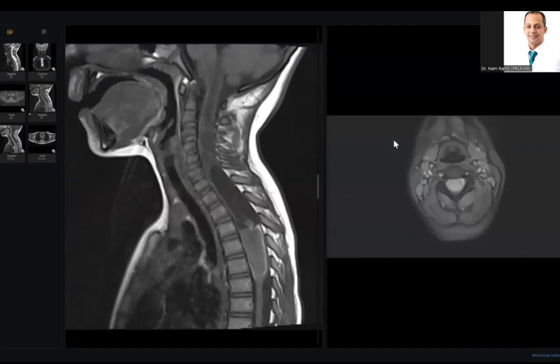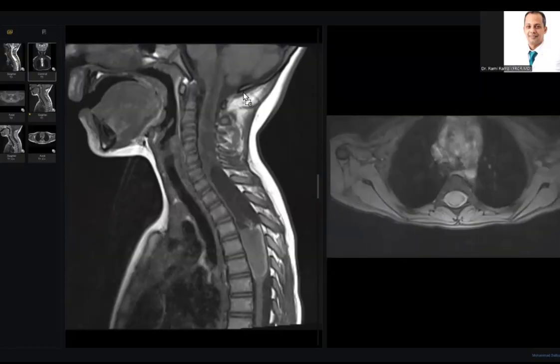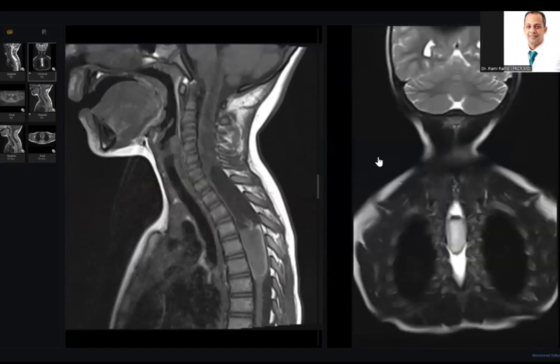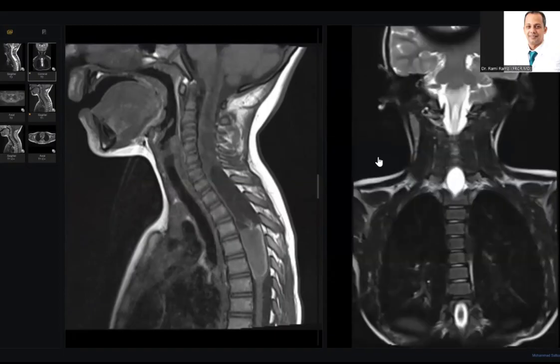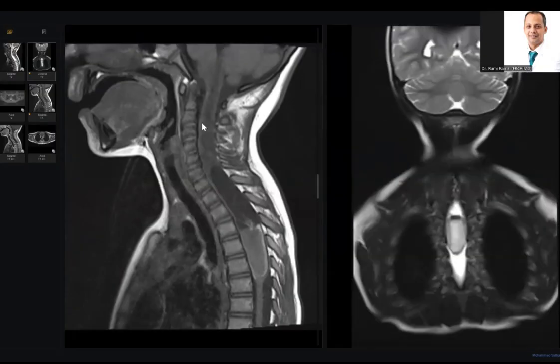It's in the lower half of the lesion, a fat-containing lesion, in young age. What is the name of the pathology containing fat?